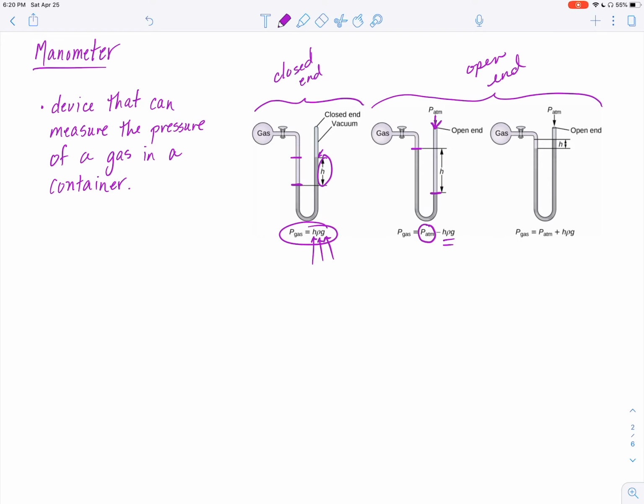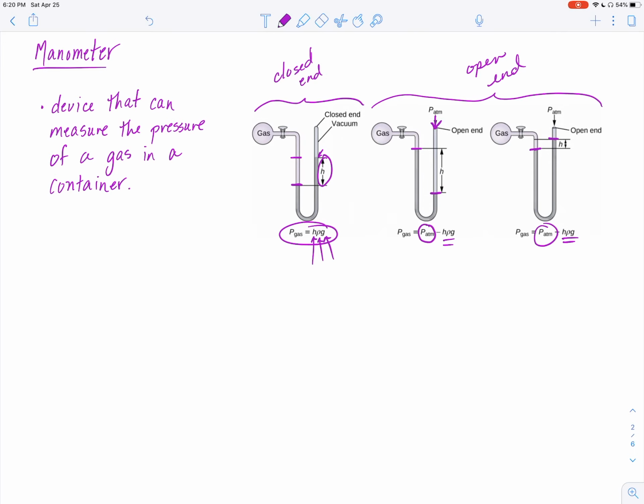But if it's higher than on the left-hand side, you would add the hydrostatic pressure value to the atmospheric pressure. So you just have to pay attention to how that manometer reads as to which equation you would use.